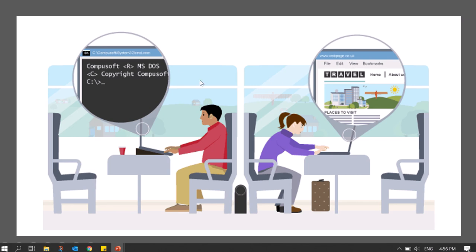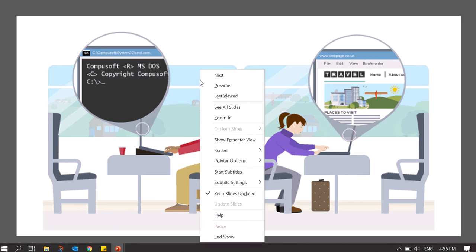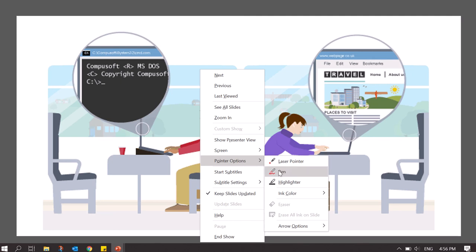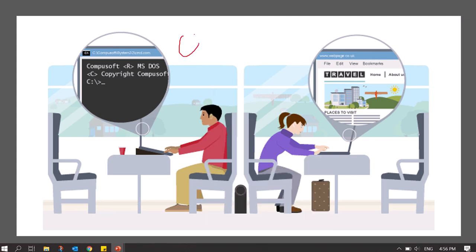What you see on the left side is actually an example of CLI, Command Line Interface. What you see on the right side is an example of GUI, Graphical User Interface. So quickly, just by the picture, we are able to identify which is which.